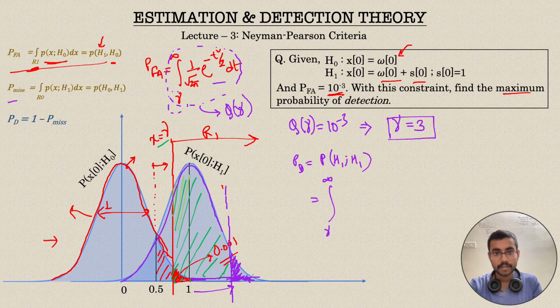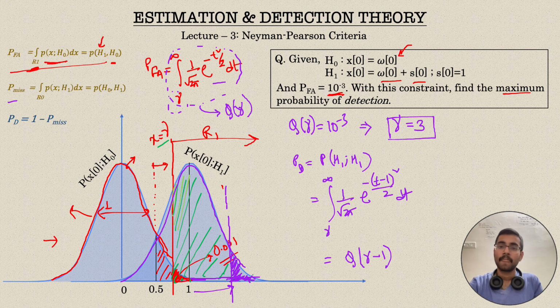This curve is under hypothesis H1, which is basically a standard normal Gaussian shifted by 1. The mean is shifted by 1. So we can write it as the integral of 1 by root 2 pi e power minus (t minus 1) whole square by 2 dt. Now this becomes Q of gamma minus 1.